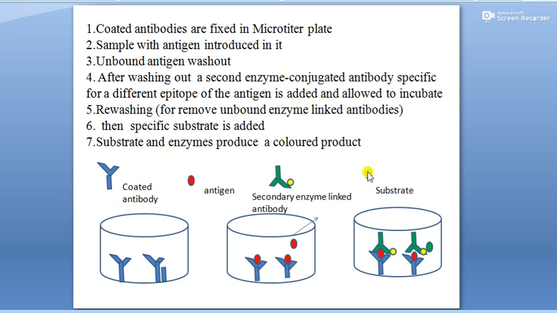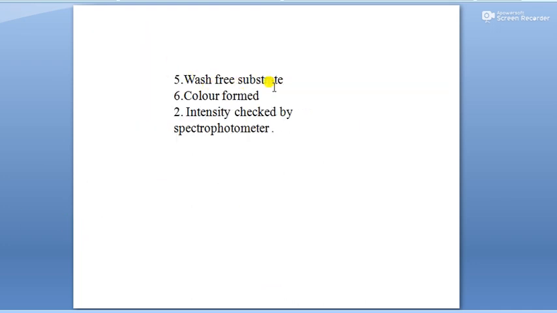Here you can see the green color oval shaped substance is called the specific substrate, or the chromogenic substance, and it is added into it. Next step, the substrate and enzymes produce a color product. Because the substrate is chromogenic in nature, they produce a color product. And the next process is the same as in direct and indirect ELISA, that is, wash the free substrate.